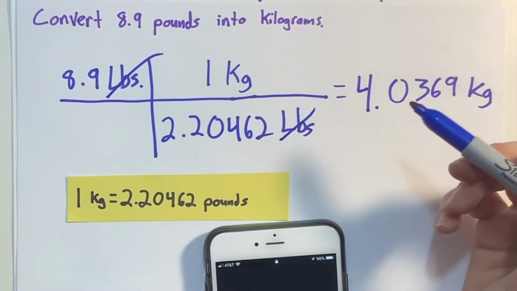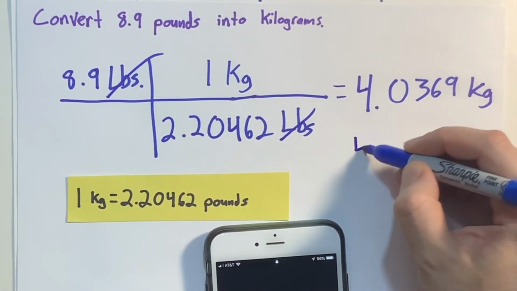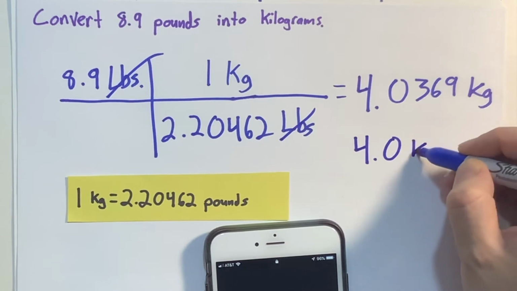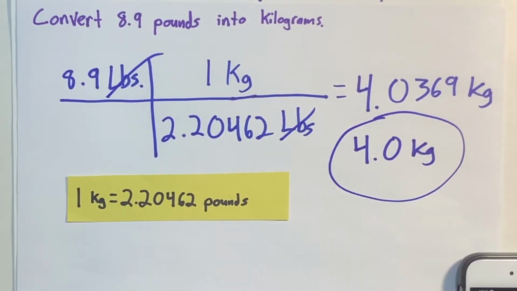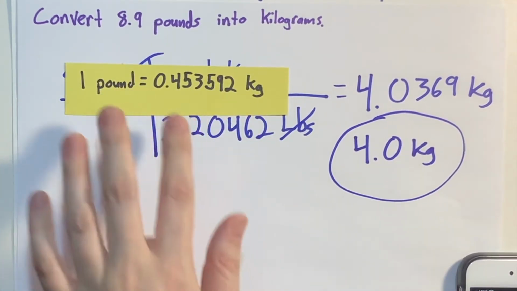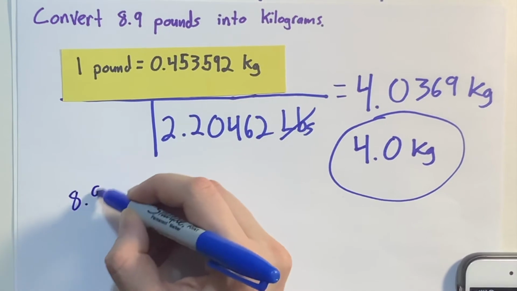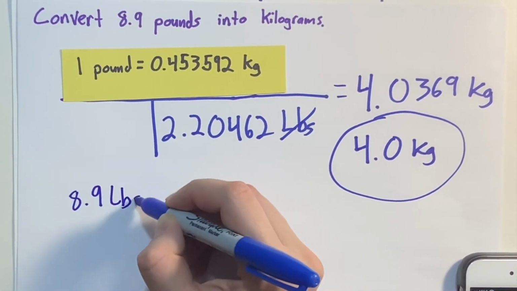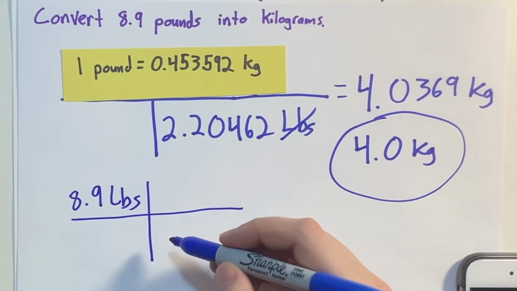kilograms. Now, 8.9 is a measurement, so it has 2 significant digits, and our final answer will be 4.0 kilograms. Okay? What if we were given this conversion instead? Well, we still start with 8.9 pounds, and pounds still has to be in our denominator.